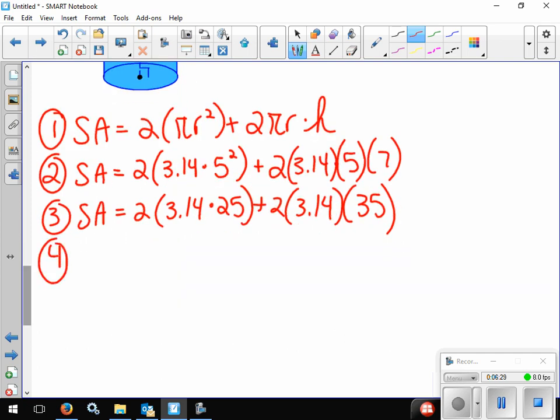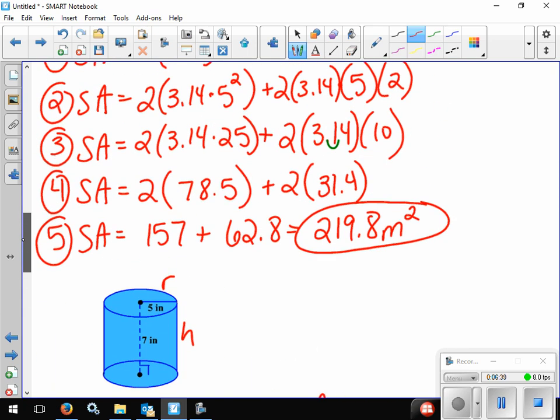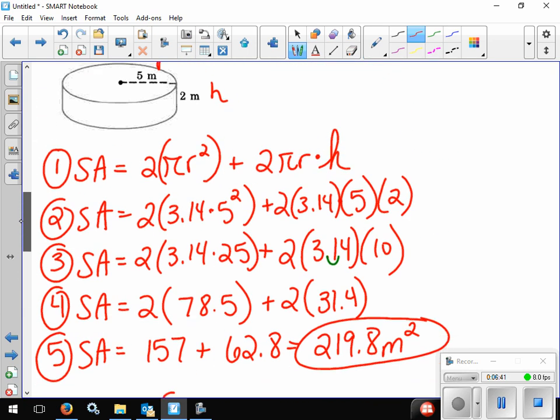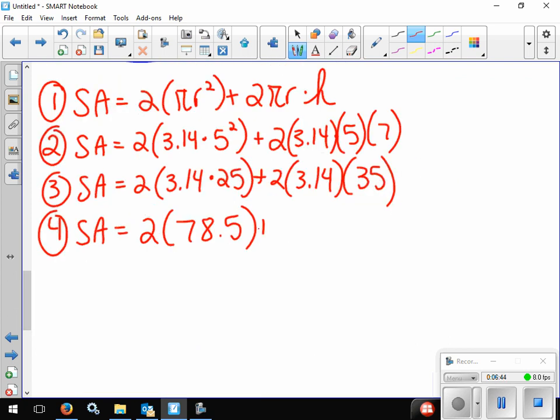And step 4, surface area is, okay, you get 2 times, and there's that 78.5, we just had that up here, the other one was 5 as well. Okay, and then 2 times 3.14 times 35, and you get 109.9.